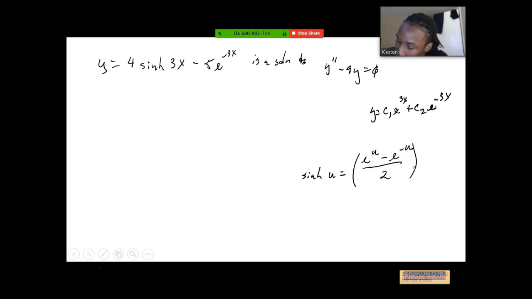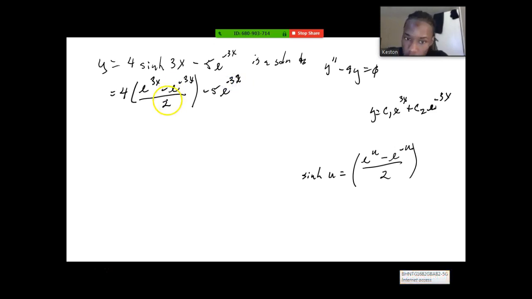That's what a hyperbolic sine is. Okay? So therefore what we have here is 4 times e to the 3x minus e to the minus 3x over 2, minus 5e to the minus 3x. That's what our function up there is.